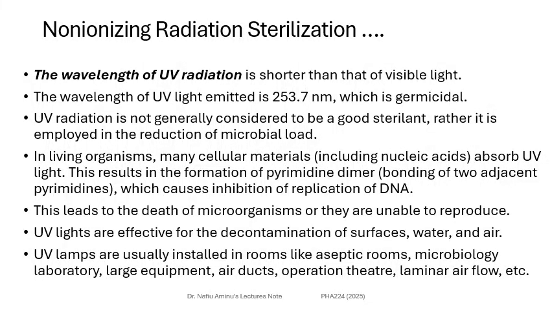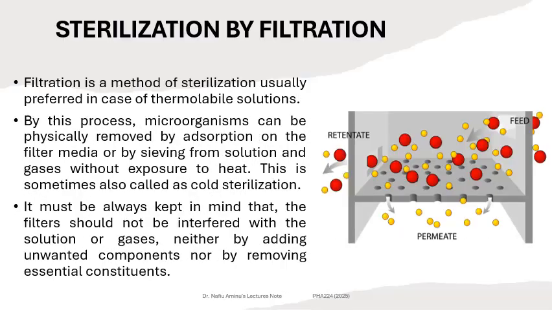UV lamps are usually installed in rooms like aseptic rooms, microbiology laboratories, large equipments, air ducts, operation theaters, laminar flows, among others. These are just some of the examples of the UV light sterilization method. So that is for the radiation method for sterilization.